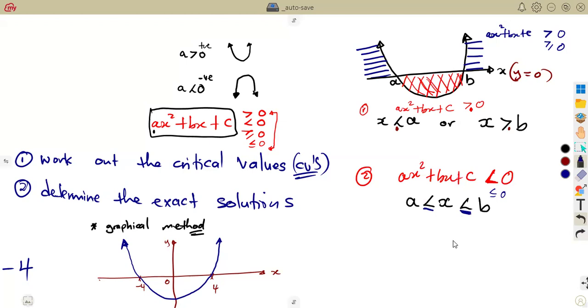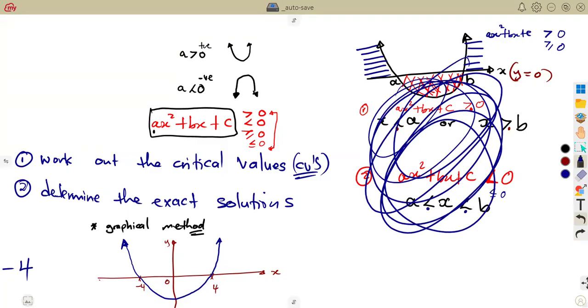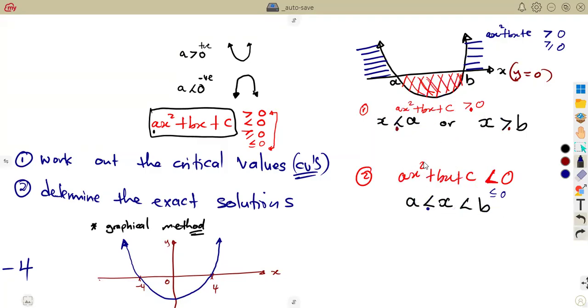But if the question is not having that, if it's just less than 0 like this, your answers are not supposed to carry that equal. All right. So I'm just going to put this also aside to show that it can be equal to, depending on the question. So these two conditions are the ones of this nature, guys. As long as our function is like this, we are going to have our answers this way. So it's about the question now, to say, is it greater than 0 or is it less than 0? That is the condition there.